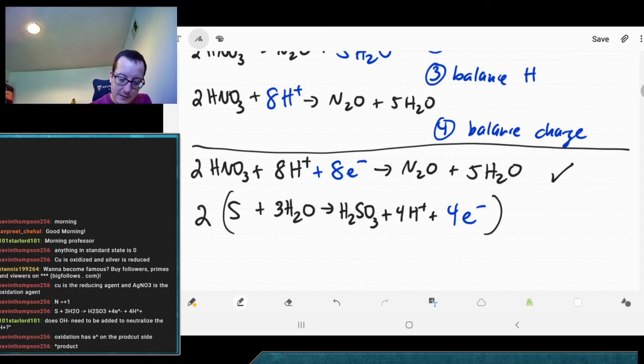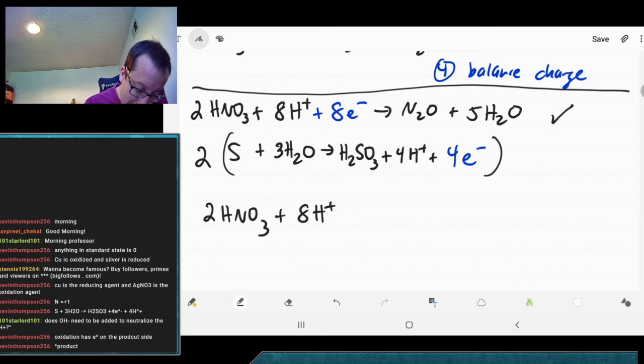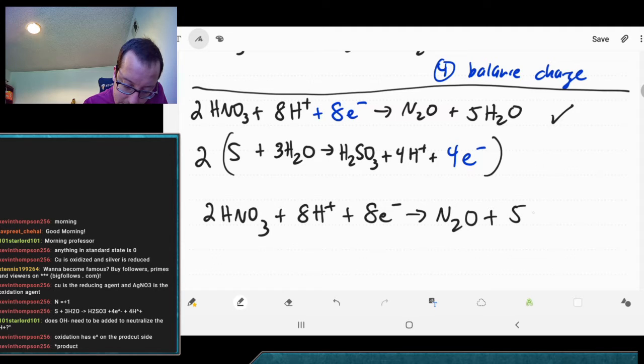So let's go ahead and do that. We now have 2 nitric acid plus 8 H+ plus 8 electrons turns into our dinitrogen monoxide.